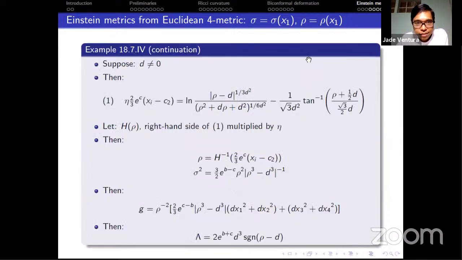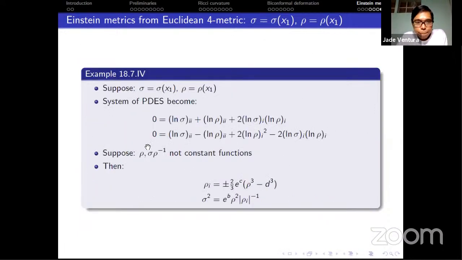Let's go back. Okay. So for this example, we further suppose that rho and sigma rho inverse are not constant functions. And this is where the items 1A, 1B, 2 come into play, because if we suppose that rho is a constant function, we get the items 1A and 1B.